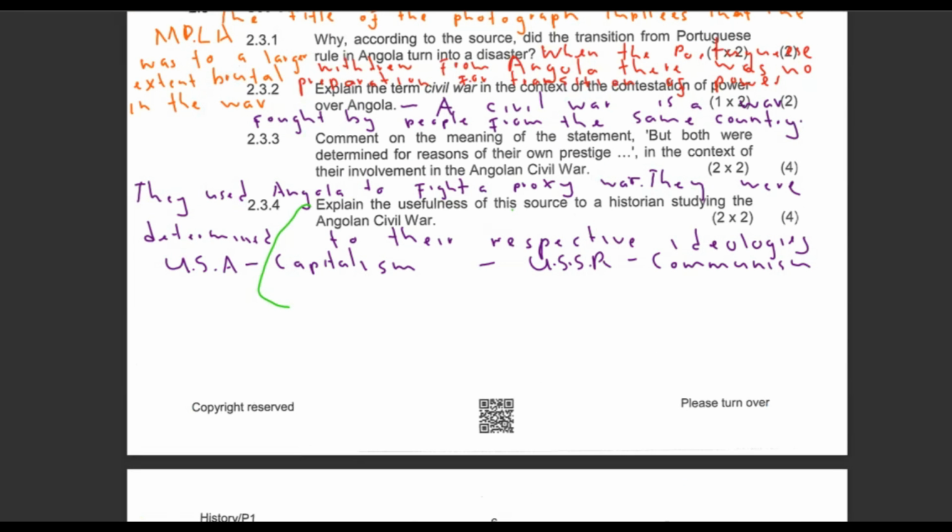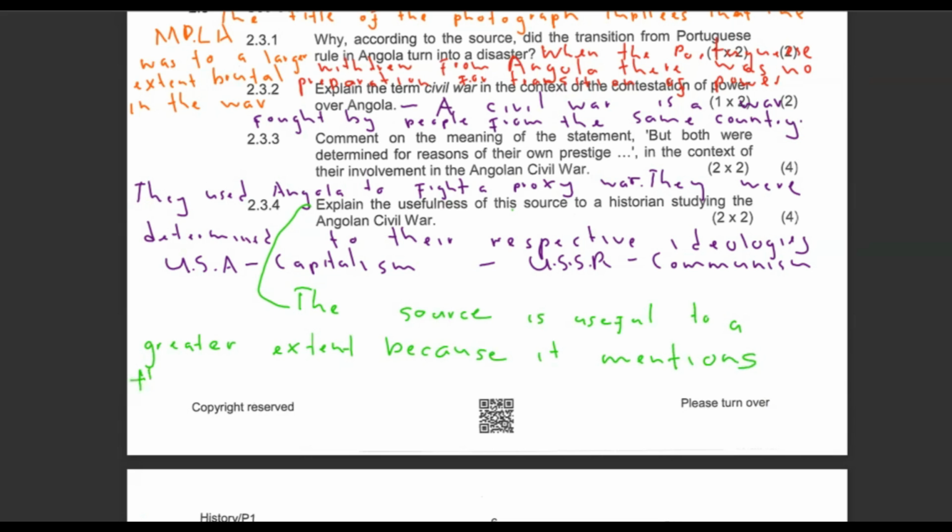Explain the usefulness. So you can say that the source is useful to a greater extent because it mentions the dates, the events, names of the commissioner, and the liberation movement.